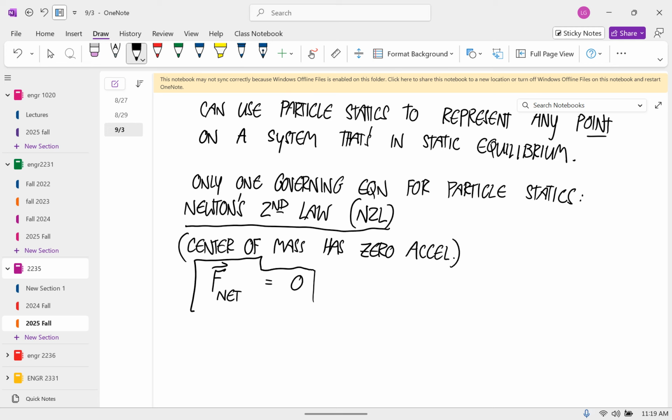So that's it. Notice that this is, so how many equations does this give us, this single vector equation? If we're doing a two-dimensional problem, this is two equations. And in a 3D problem, it's three equations. Just the three different components.